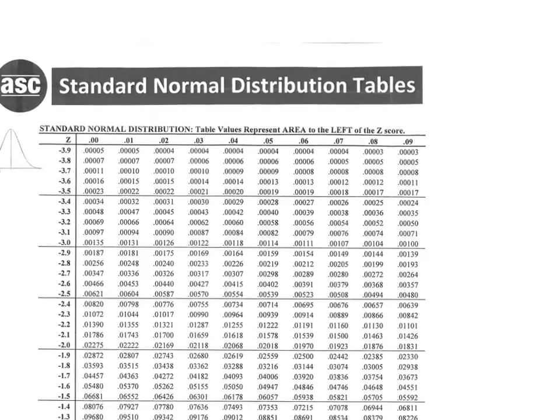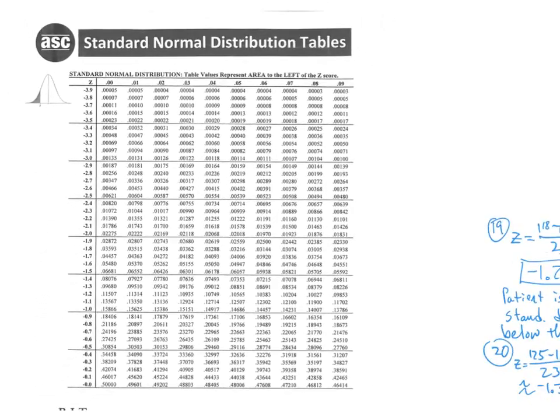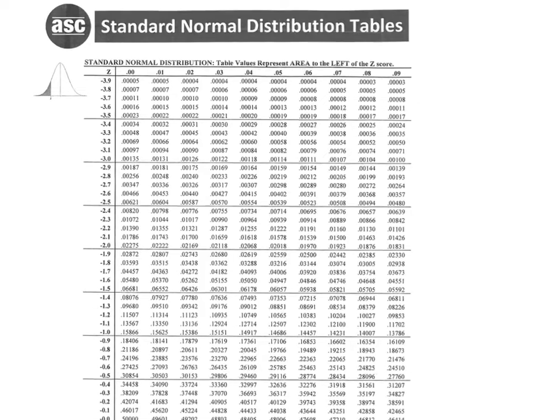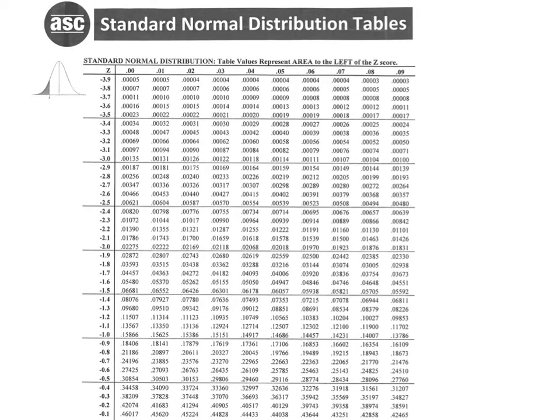We got to find on our standard distribution chart negative 1.3, and then the 9 column.